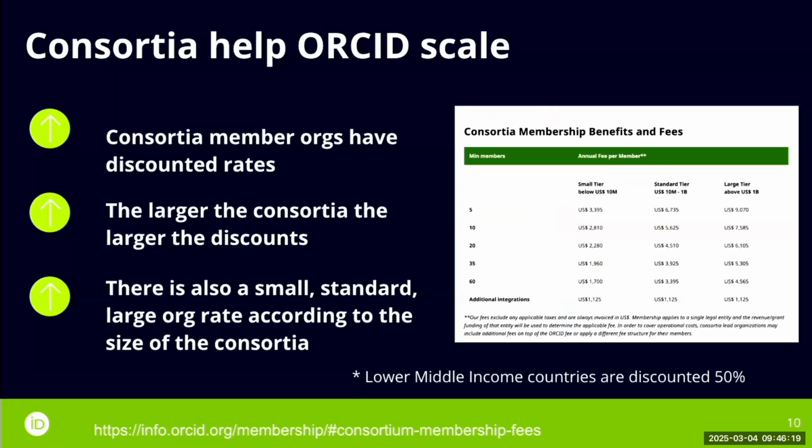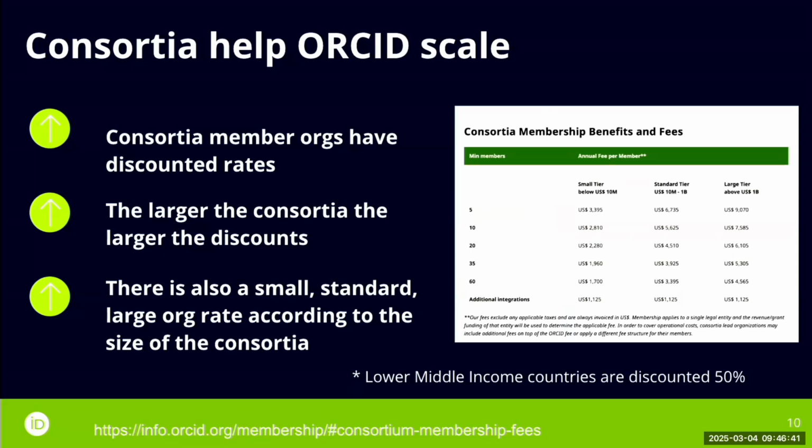So again, the consortia help us scale. We have this very flexible model for size of organizations and size of the number of organizations that form a consortia. And as you can see, the bigger the consortia, the more discounts. I previously worked with the US consortia.